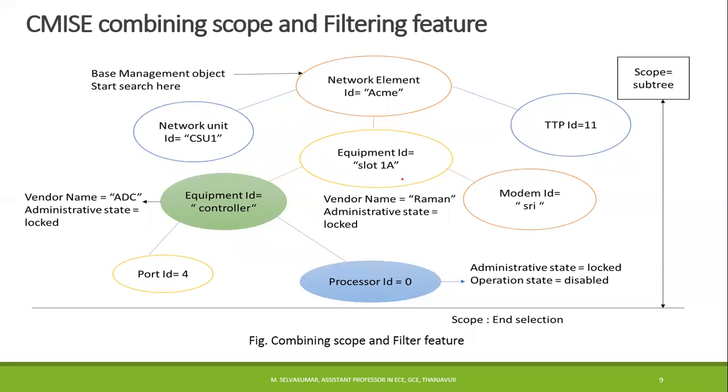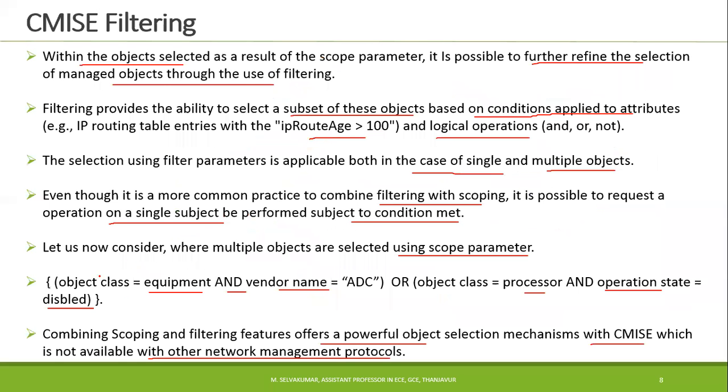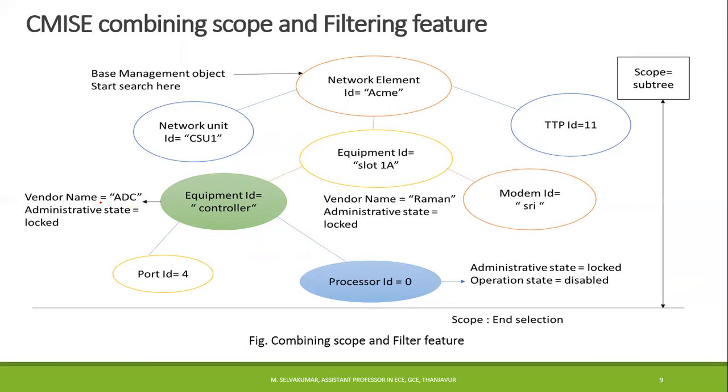Vendor name equal to Raman, administrator equal to locked, and the operation state equal to disabled. So we are selecting two among these conditions. Among these conditions, object class will be equipment and vendor name equal to ADC. So vendor name equal to ADC, this object is selected.